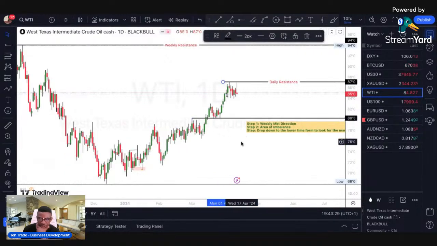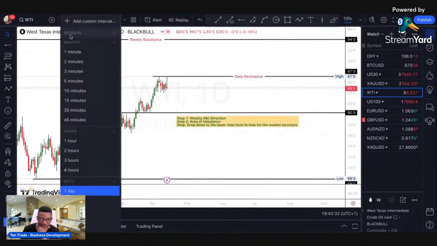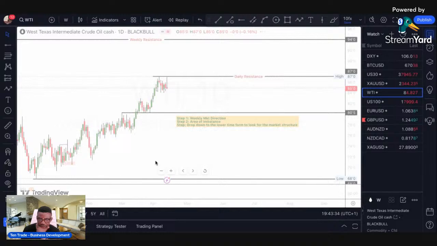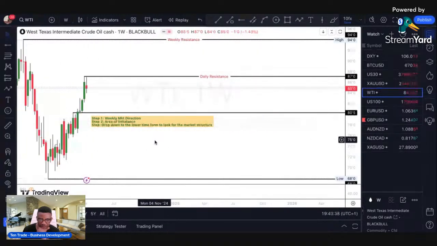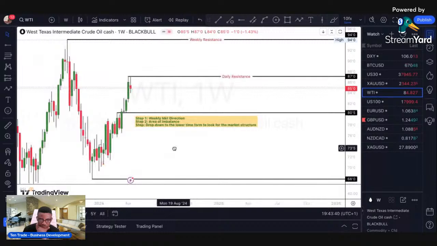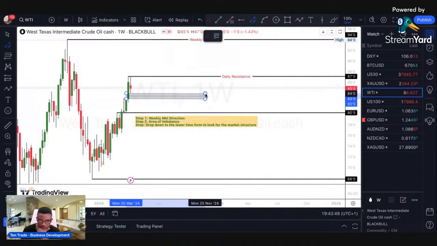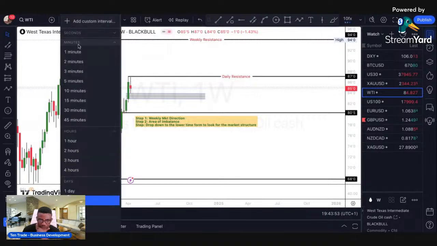Where is the area of imbalance again? Let's go to the weekly to find it. We have an area of imbalance where price needs to fill, which is this one on the weekly. Then we drop down to the daily.